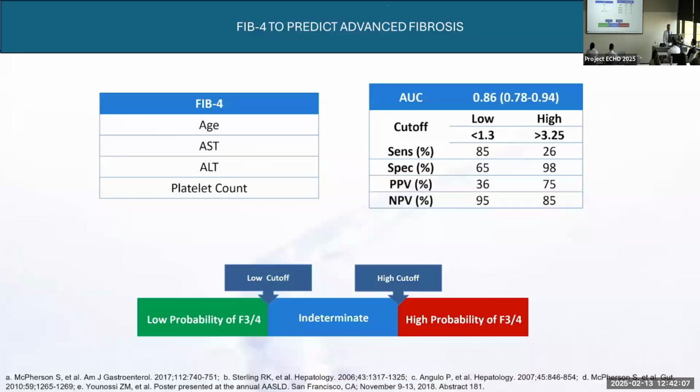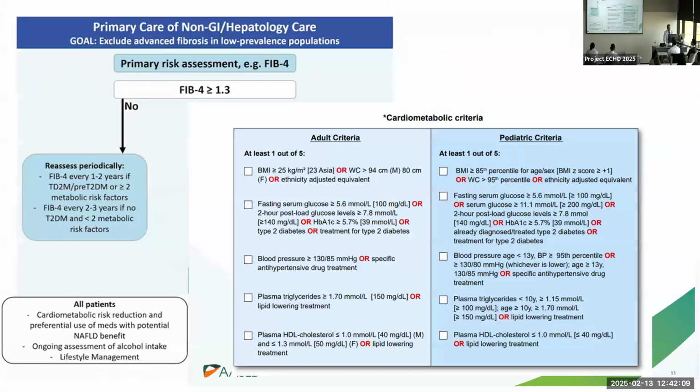So let's do the FIB-4, and we're looking at whether it is higher than 1.3 or not.